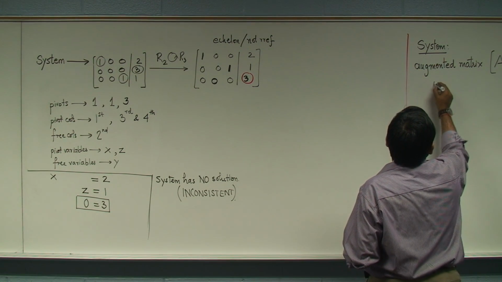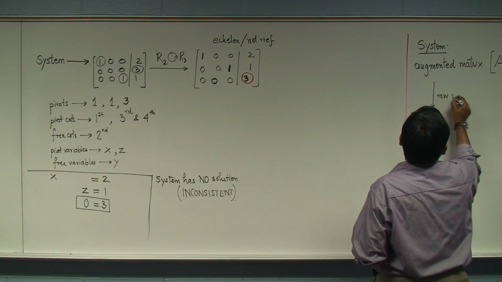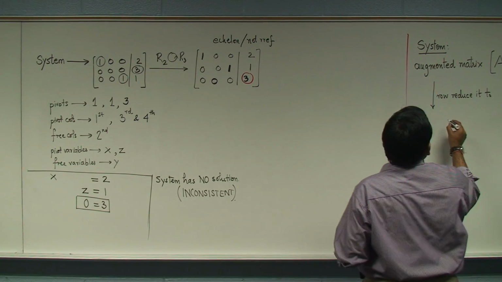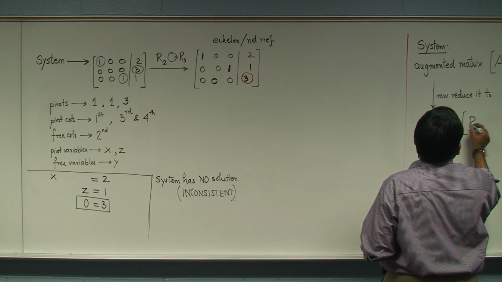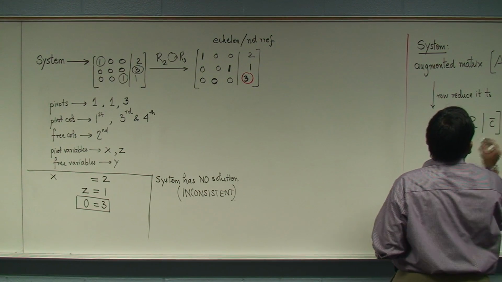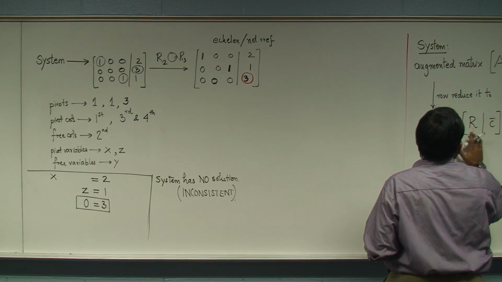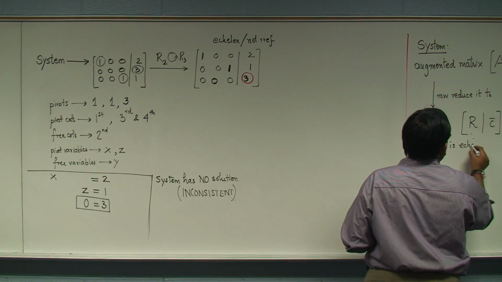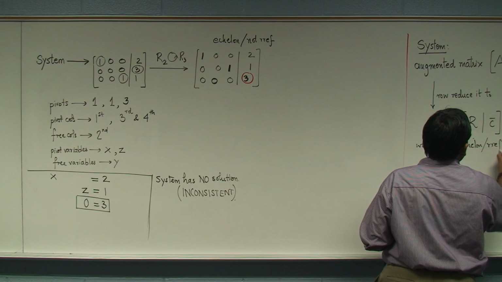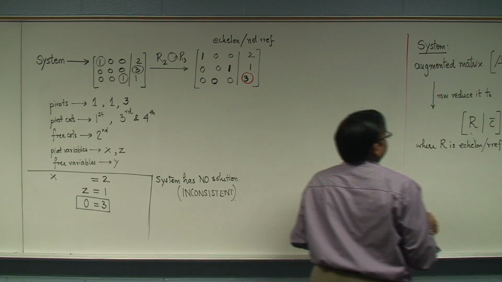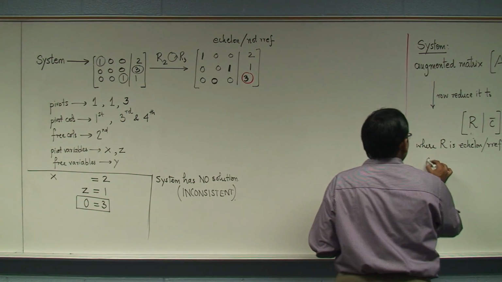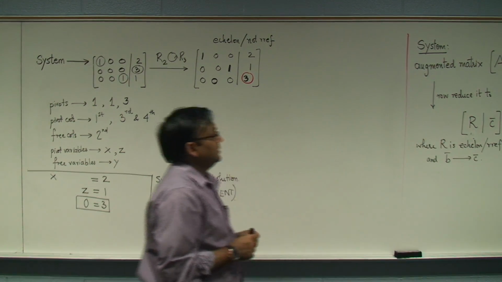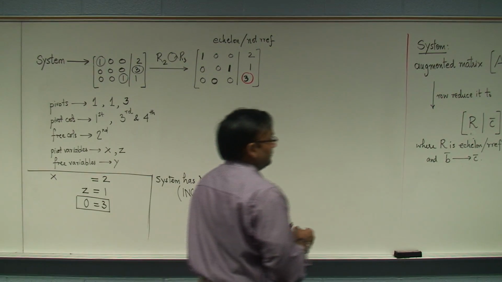And let us say I row reduce it to R, C, where R is the echelon or the row reduced echelon form of A, and vector B gets reduced to vector C. Then the observation we made was as follows.